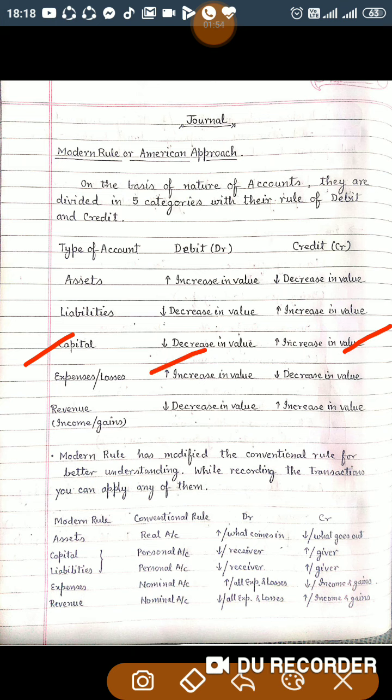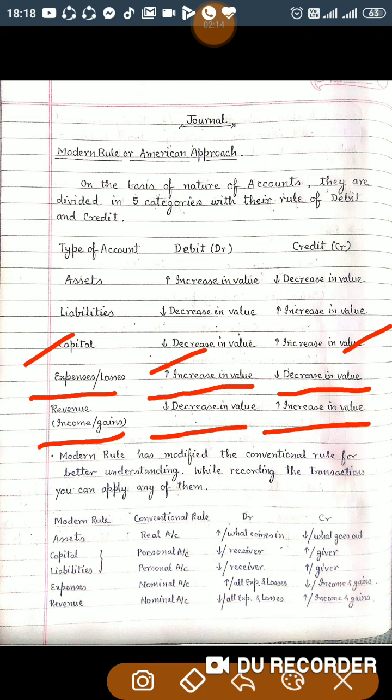If it is decreasing, it should be debited. For expenses, increase in expenses should be debited. If expenses are decreasing, it should be credited. For revenue, that is income or gain, if incomes are increasing, it should be credited. If decreasing, it should be debited.